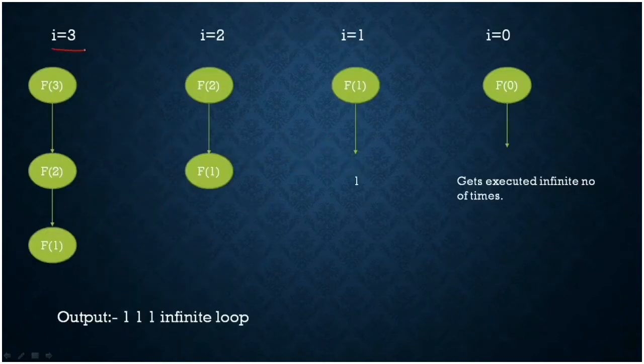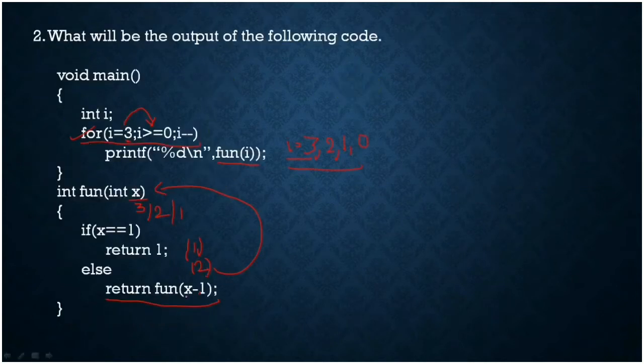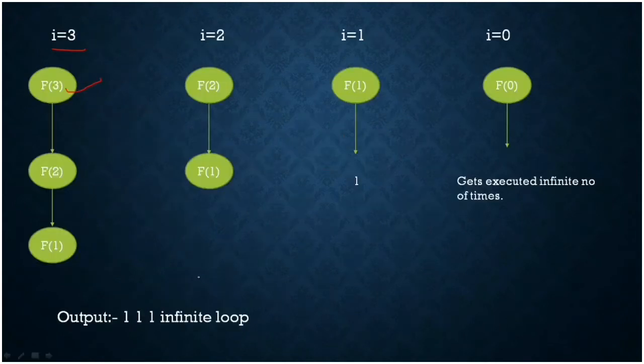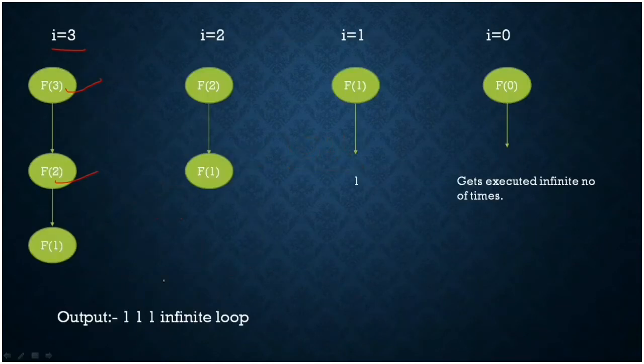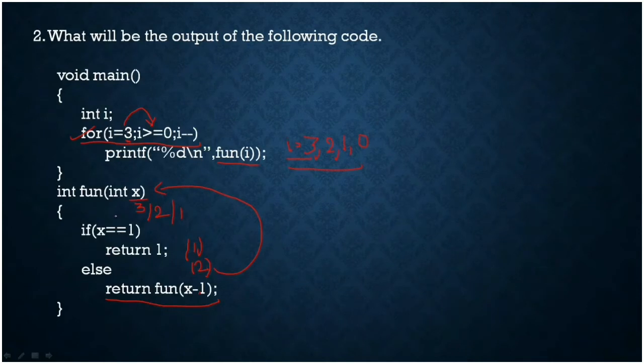When I is equal to 3, we have first called function f of 3. After f of 3, it will again call the function with 3 minus 1, that is f of 2. After f of 2, it will again call with 2 minus 1, that is f of 1. So after f of 1, we check 1 is equal to 1.